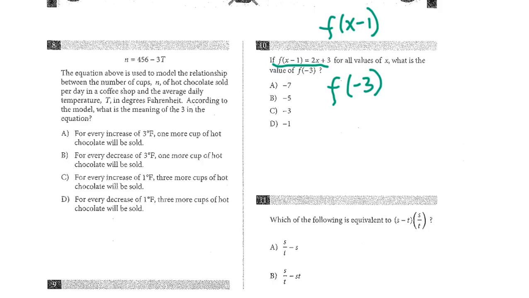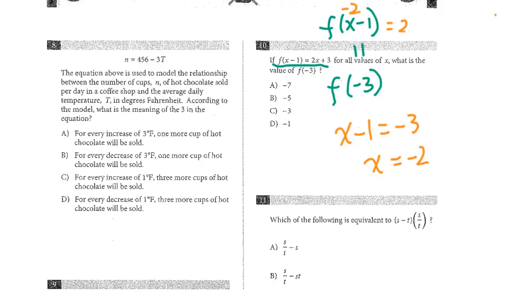So how do I make that f of x minus 1 equal that f of -3? You have to make sure that x minus 1 equals -3. So your x will be, add 1 both sides, -2. Which means I need to plug -2 for x.